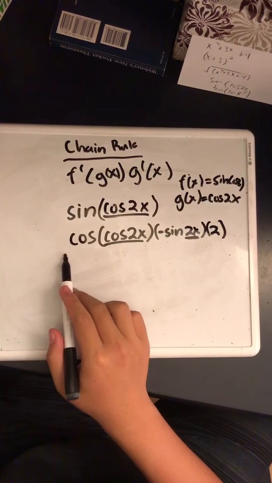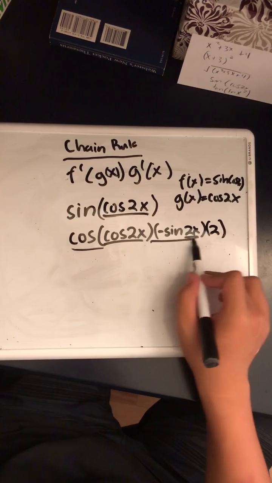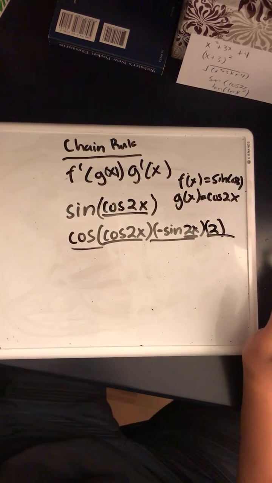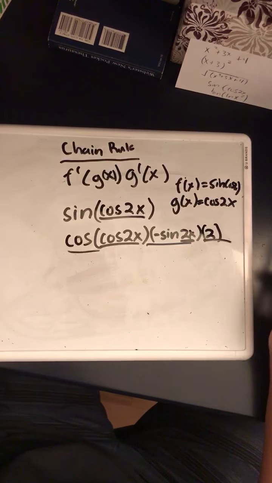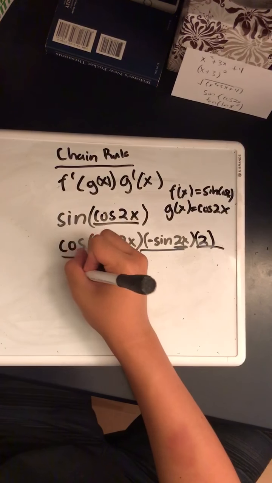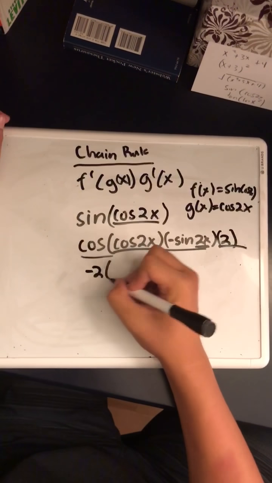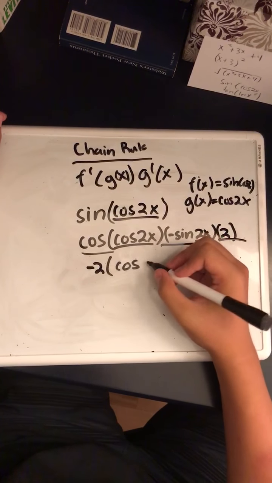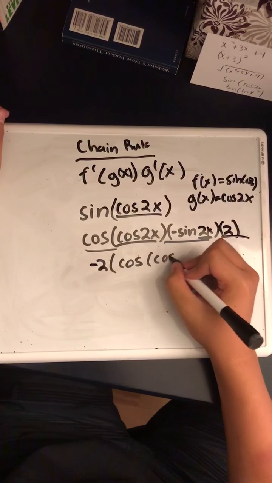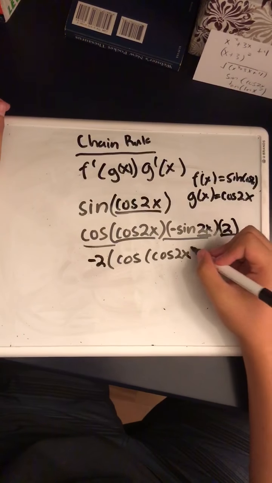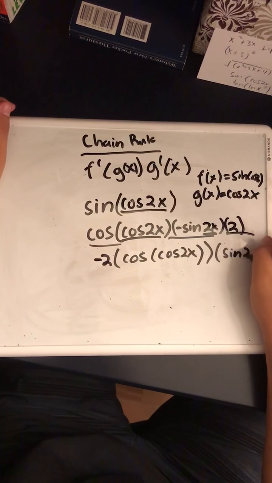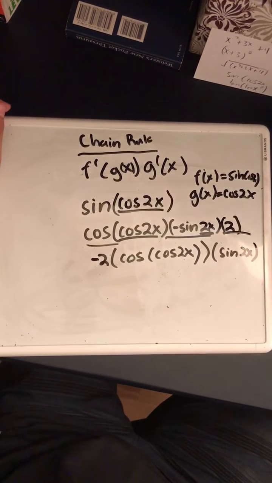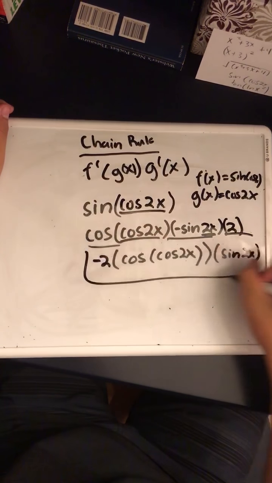So this is the derivative of this, which is the derivative of this. This is basically chain rule in action. Now we just simplify this to finish this off. So we take negative 2 times cosine of cosine 2x times sine 2x. This is our final answer.